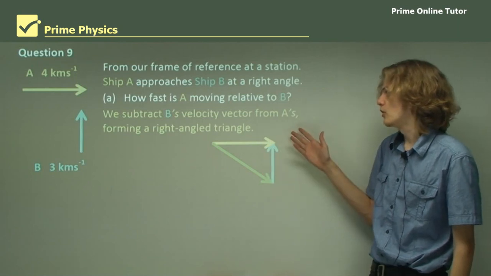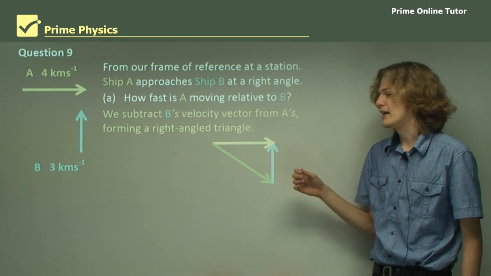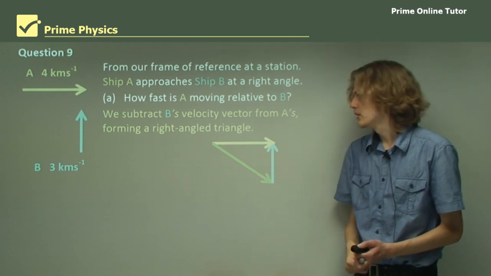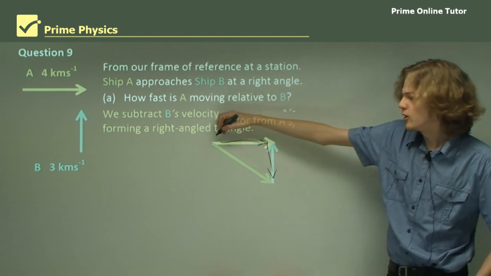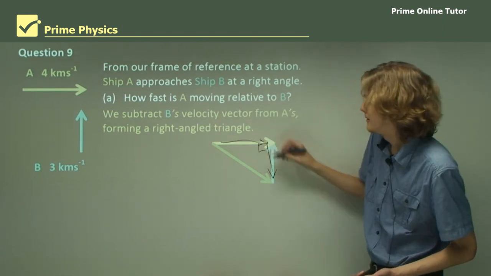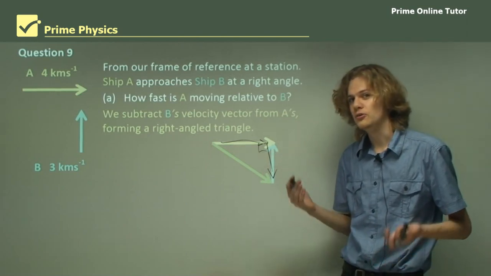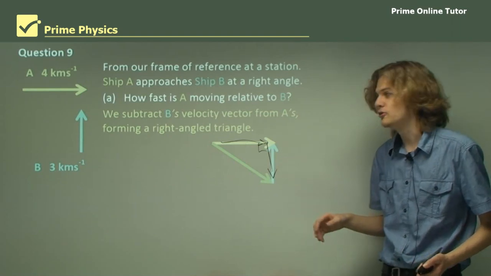So we subtract B's velocity, which is the blue one there, from A's velocity, forming a right angled triangle. So we can see that after adding the vectors together, we end up with this green resultant vector, which luckily is right angled. Because it's a right angled triangle, we can use Pythagoras' theorem to figure out exactly the magnitude of the hypotenuse.